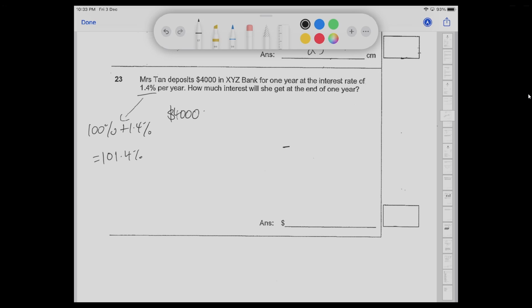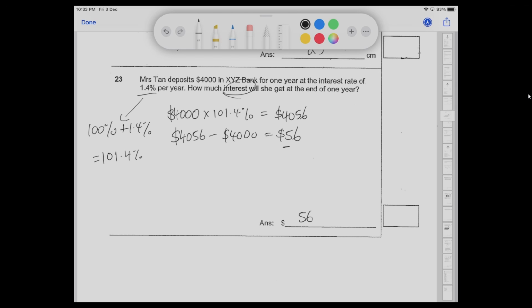We take 4,000 times 101.4% to get $4,056.